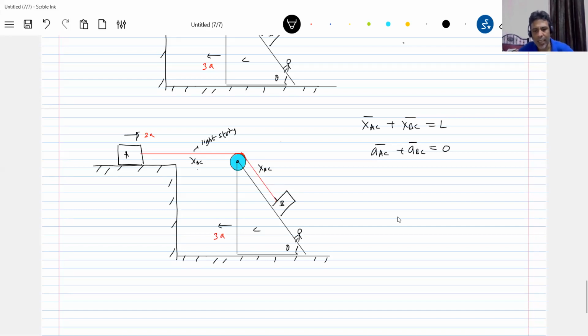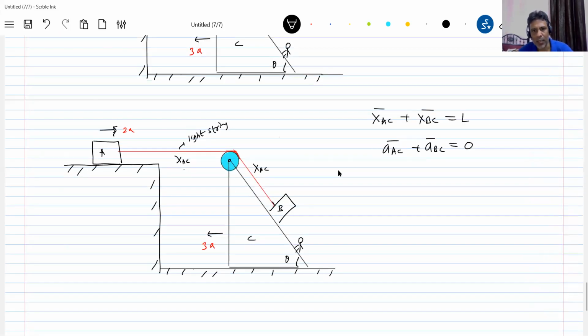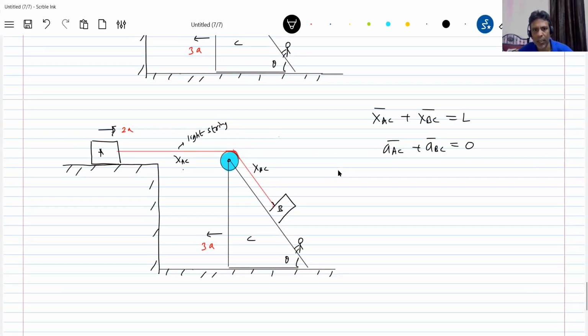Is that okay? In the diagrams I'm indicating symbols. Symbols play a very important role. You try to see that one. This should be the acceleration of A minus acceleration of C. Let's substitute with sign. What is the acceleration of A? Anything towards right, let me take positive. So this should be plus 2A minus 3A, plus ABC equals 0.